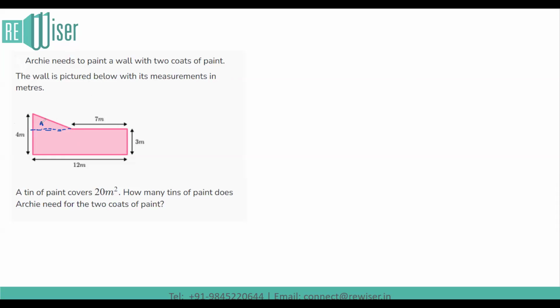I'll take this as shape A and this as shape B. If I talk about area of shape A, we know the overall is 12 and this is 7, which means this one has to be 5 here. And this one has to be 1 here.